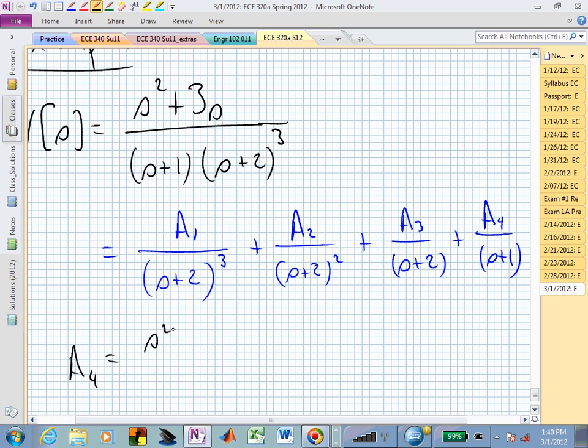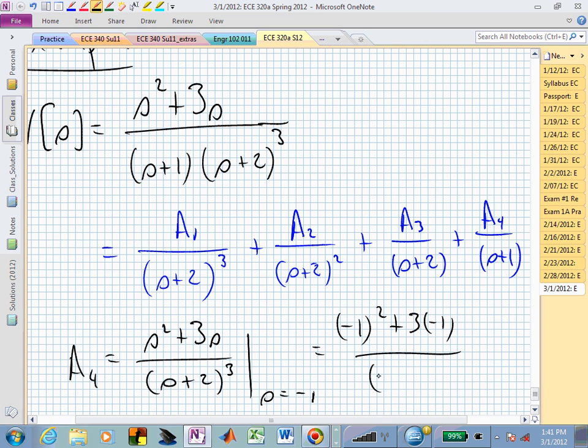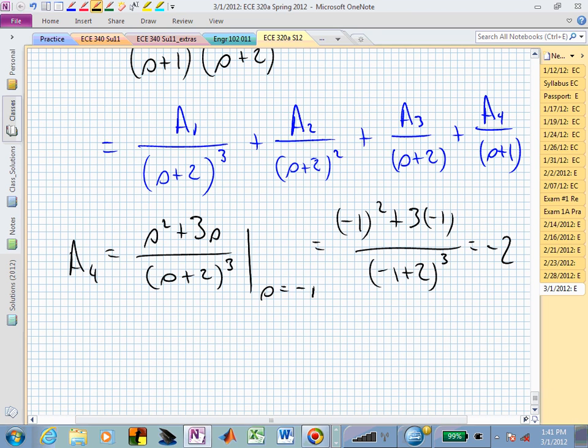We have s squared plus 3s over s plus 2 cubed, which gives 1 minus 3 all over 1. Is that true? A sub 4 is minus 2.